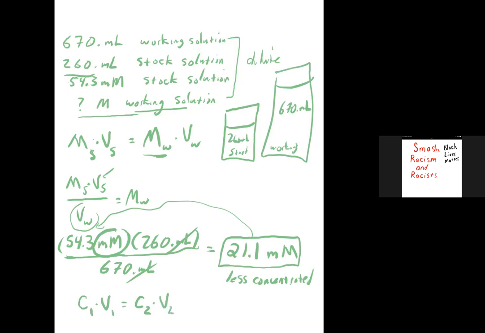C1 V1 equals C2 V2, or you can use M1 V1 equals M2 V2. Doesn't matter what symbols you use for these, you just got to keep it straight in your head which ones you're using. But many different symbols are used for these. Okay, and there you go. So that's the dilution. That's the end of section 5, which is the end of chapter 4.